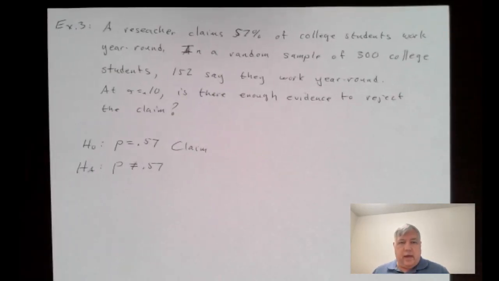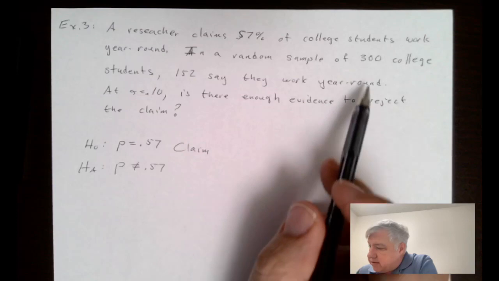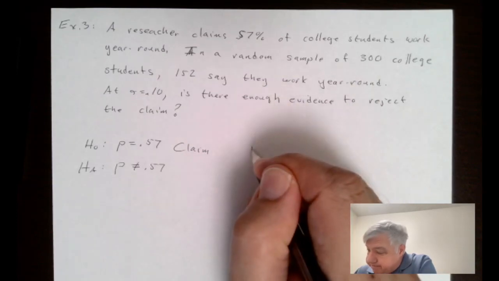Now before we go on any further, let's make sure we're not wasting our time, let's make sure that we can still do this. Check that NP and NQ are bigger than or equal to 5. We can see that N, our sample size, is 300.